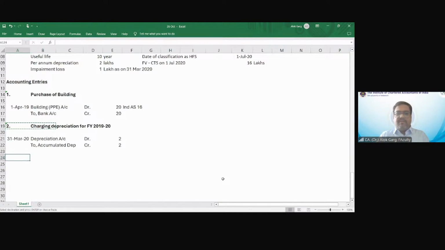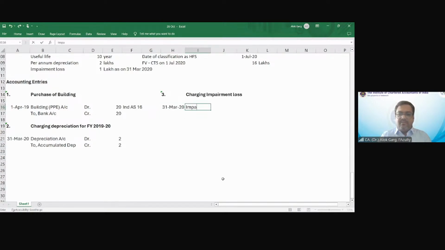Impairment loss. I will have to pass an accounting entry of impairment loss now. Charging impairment loss. What accounting entry do I pass for impairment loss? Impairment loss, P&L debit, to asset.